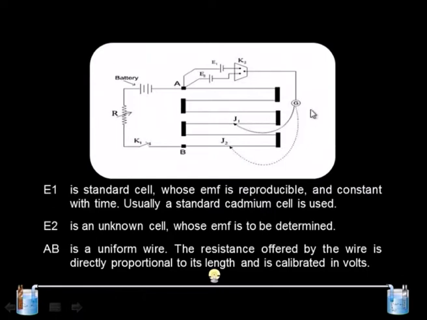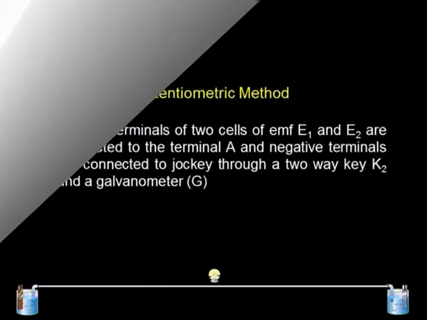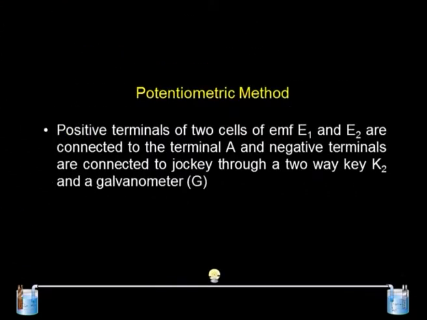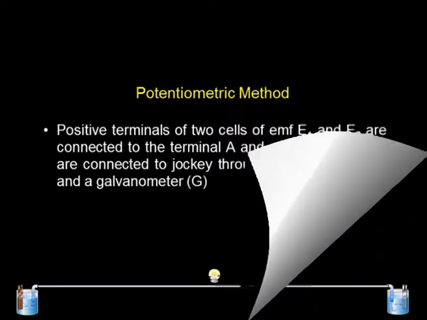You can see here we can connect it at any point, whether here or shown by a dotted line, we can connect it to any point between A and B. The positive terminals of the two cells of EMF E1 and E2 are connected to the terminal A, and negative terminals are connected to the jockey through a two-way key K2, which is connected to a galvanometer G.